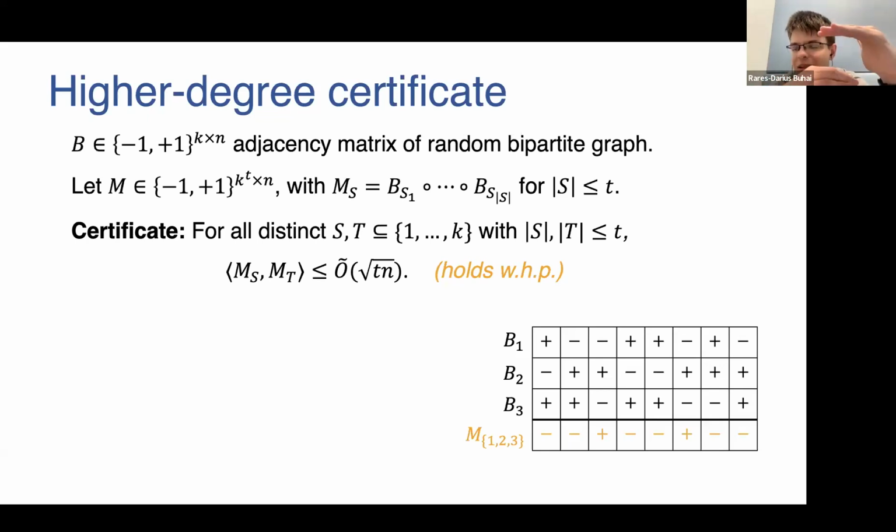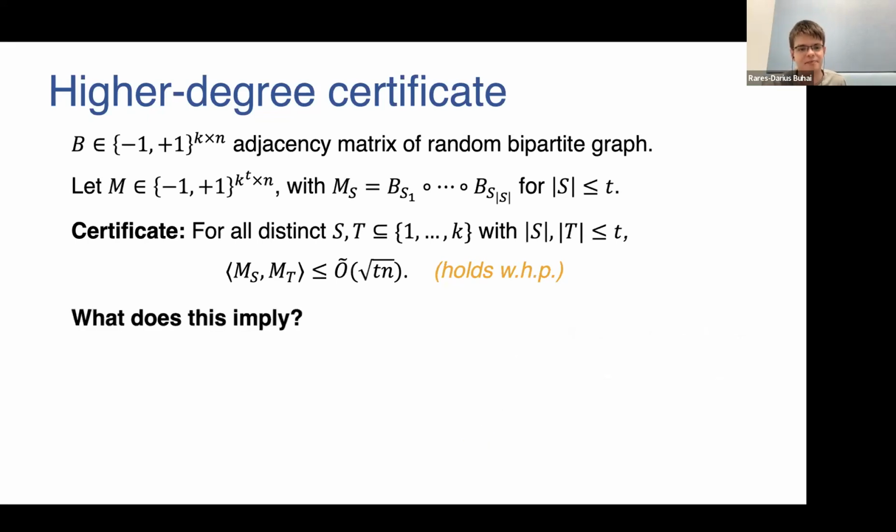Because for two completely random ±1 vectors, if you take the inner product, it's going to be bounded by √n. So we're saying that we use as a certificate the fact that the rows of this matrix are nearly orthogonal. And I've got to say, if you just try to use the spectral norm of this matrix M, it does nothing. It gives you no advantage. So we cannot use just the spectral certificate for this tensored matrix.